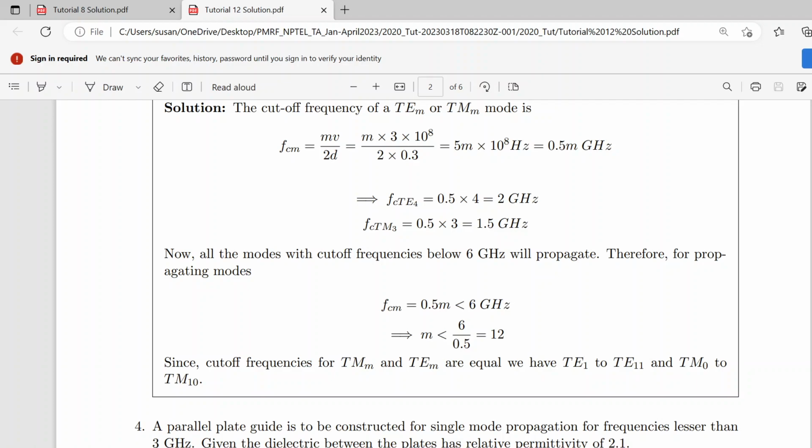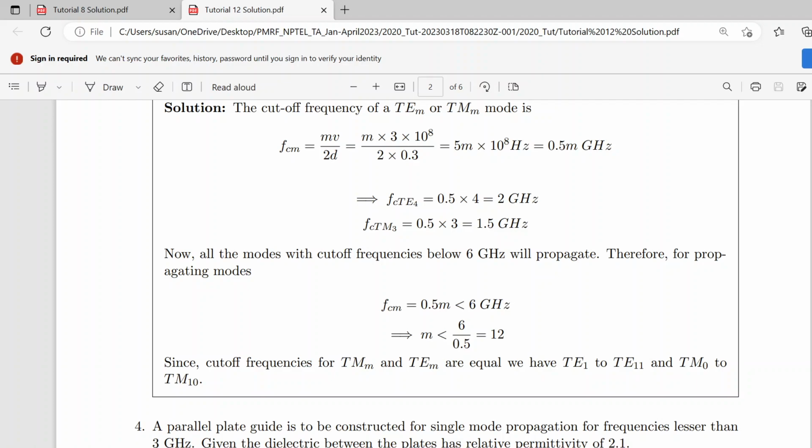So this comes out to be 5 m into 10 power 8 hertz.